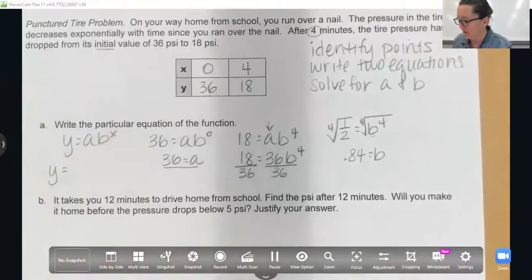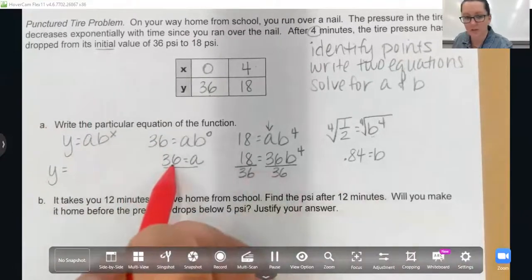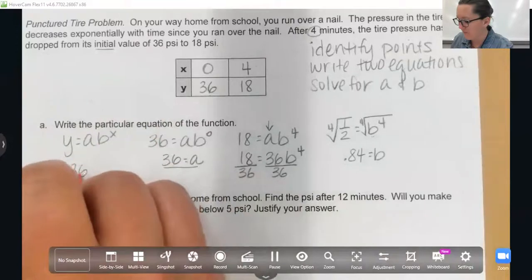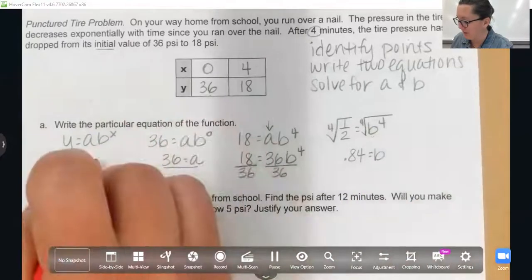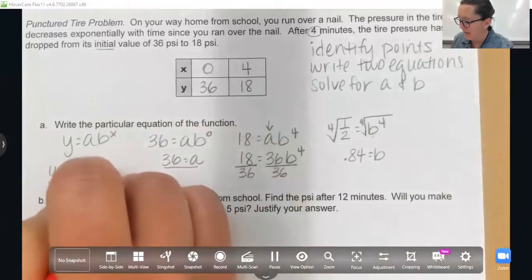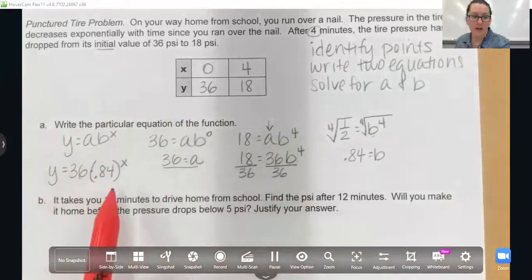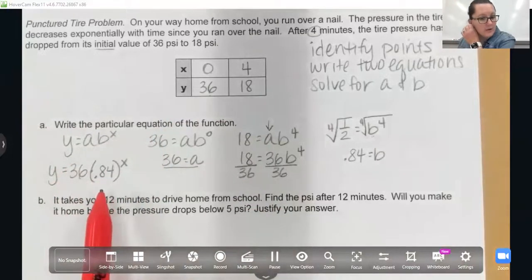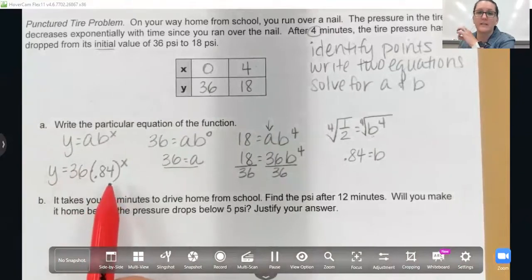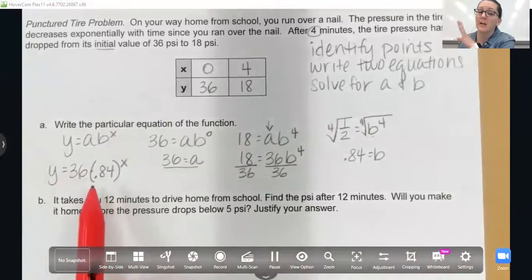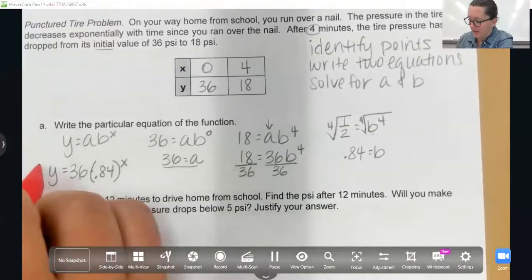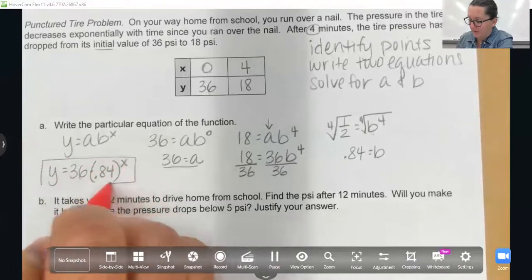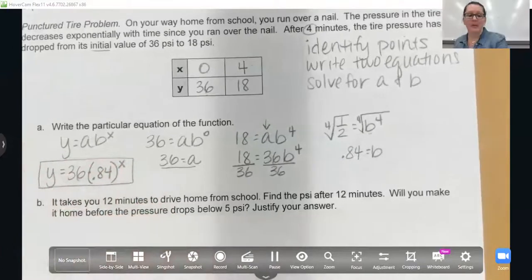So my function is y equals 36 times 0.84 to the x. That's telling me that every minute the tire is decreasing to 84% of its original value, which means it's decreasing by 16%, right? 100 minus that 84 tells us the decrease rate.